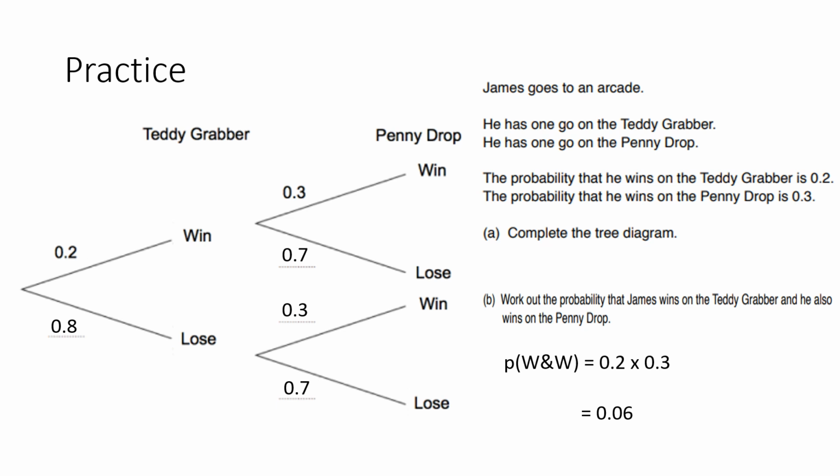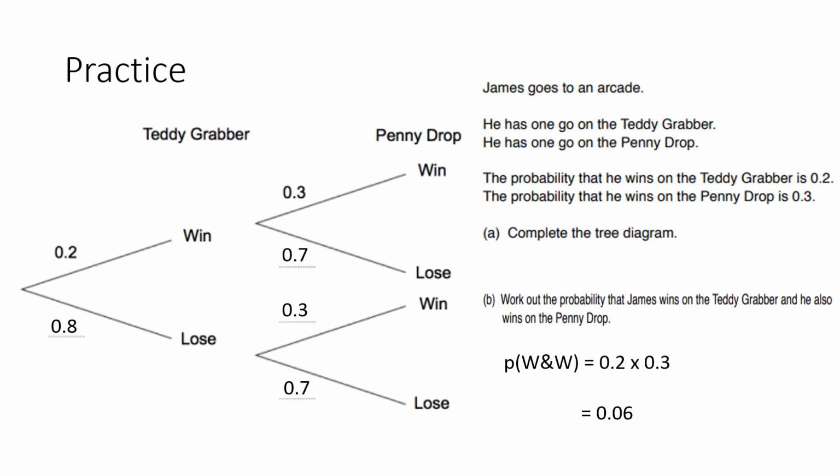Now, the chance of you winning on the penny drop is not dependent on whether you win the teddy grabber or not. So therefore the probabilities remain the same. You've always got a 0.3 chance of winning the penny drop and 0.7 chance of losing. So we fill those in on the bottom tree branches as well.